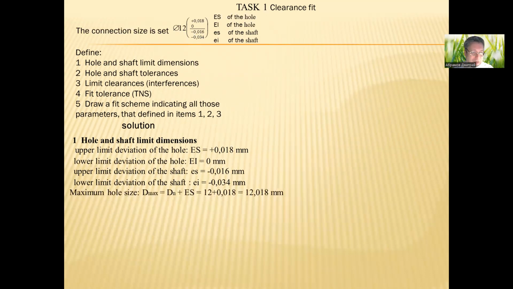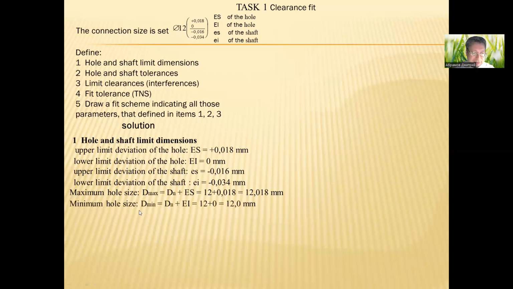Maximum hole size. We use the formula D maximum is equal D nominal plus upper limit deviation of the hole. And D nominal is equal 12 millimeters plus big ES plus 0.018 millimeters. 12 plus 0.018 is equal, and we have 12.018 millimeters.